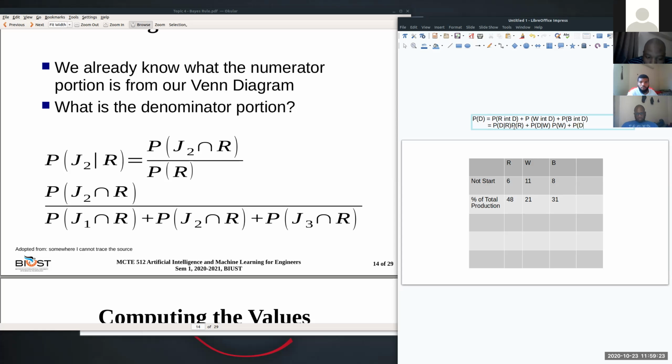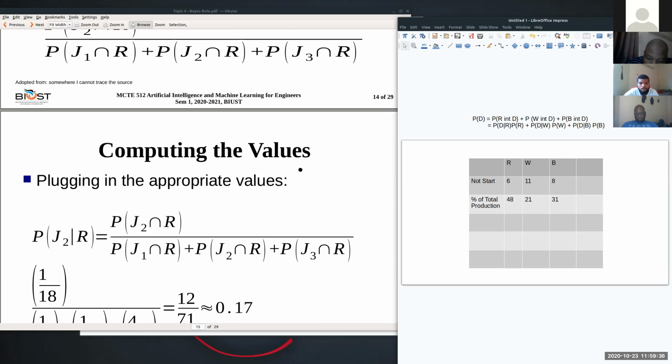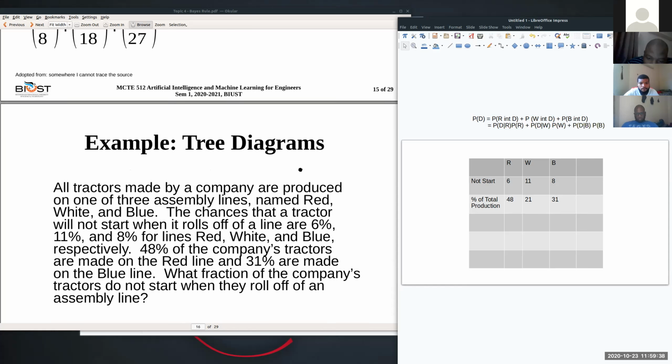That's it, without even considering the full Bayes rule, because that is what they wanted.